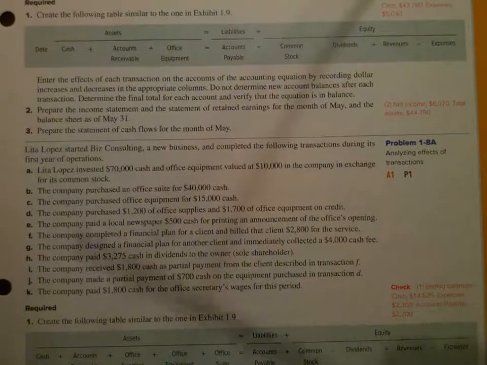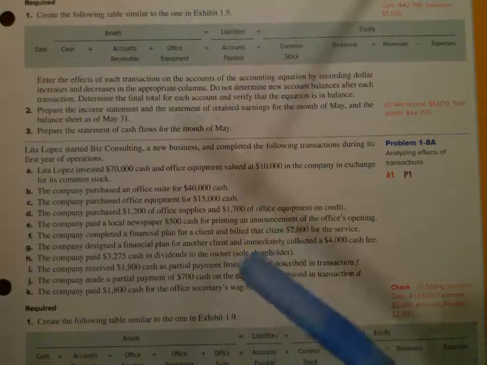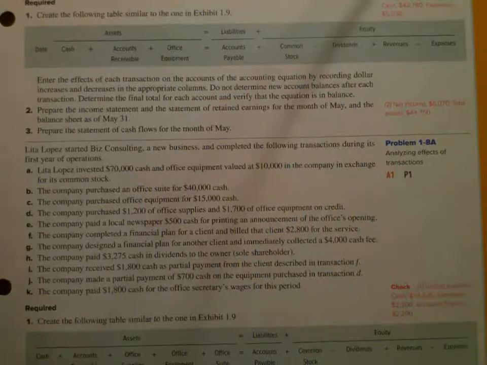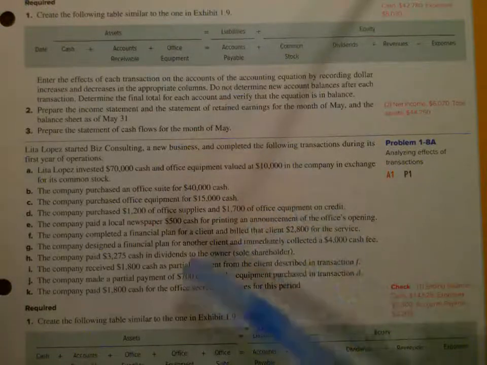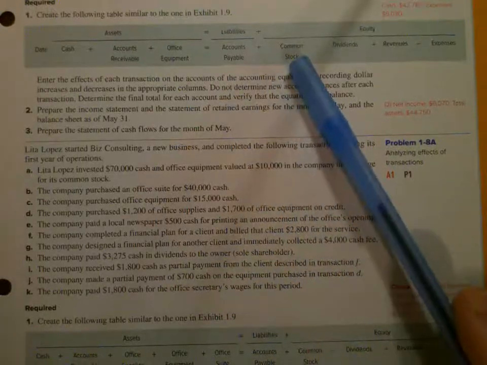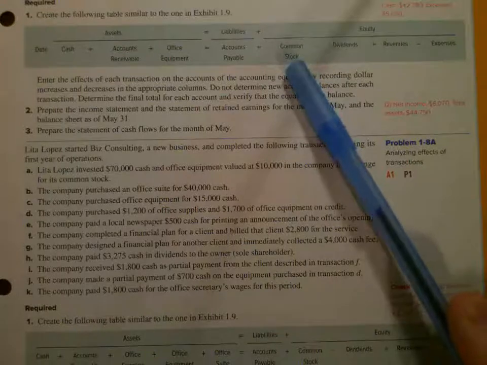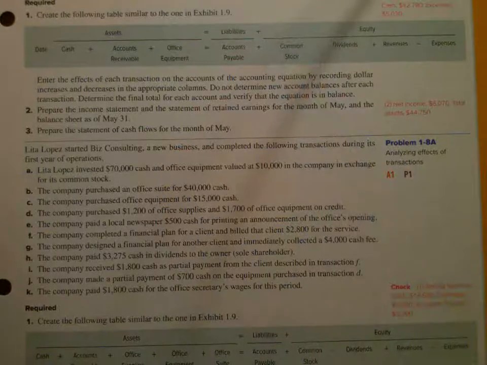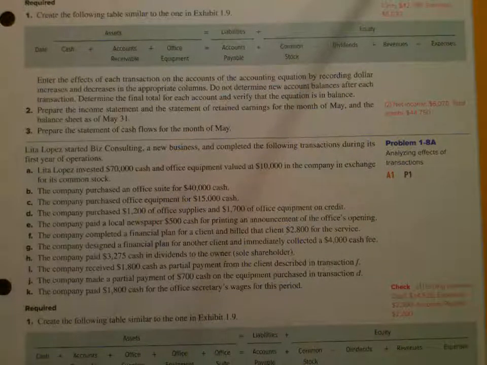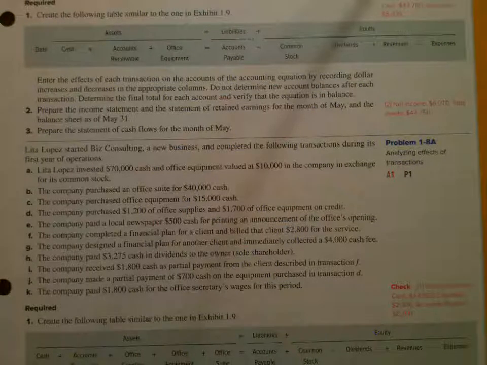So if assets equal $80,000, then liabilities plus equity has to equal $80,000. And in this case, all $80,000 was used to purchase common stock. So you'd have plus $80,000 in the common stock account. And so that would be the first row in your table or spreadsheet.